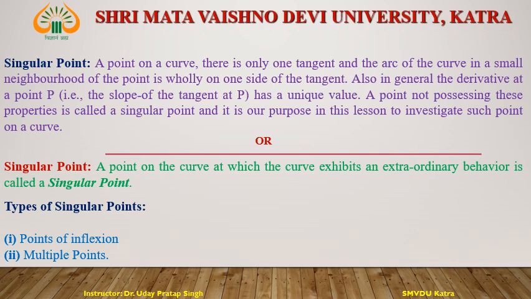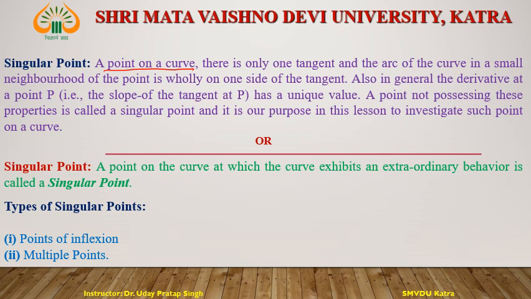Next, what is the singular point? See, the singular points are those points at which the behavior of the curve is changing. A singular point is a point on the curve where there is only one tangent, and the arc of the curve in the small neighborhood of that point is wholly on one side of the tangent.